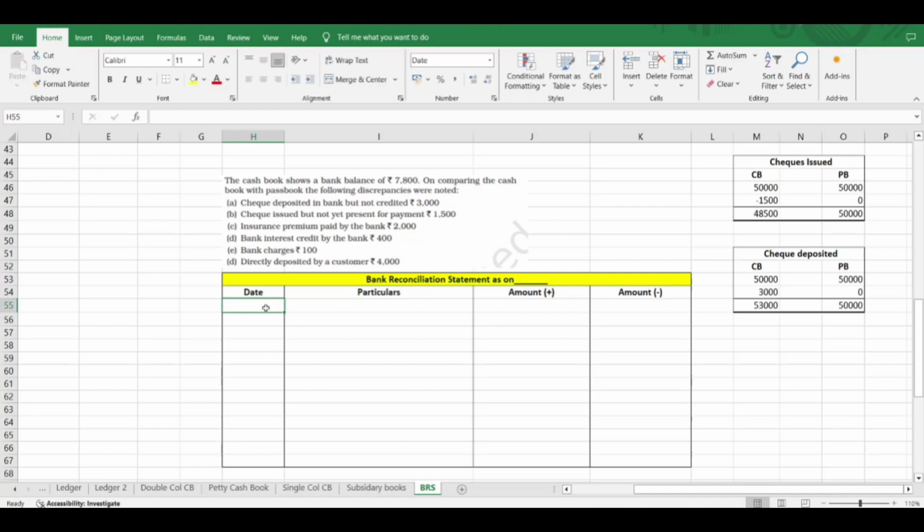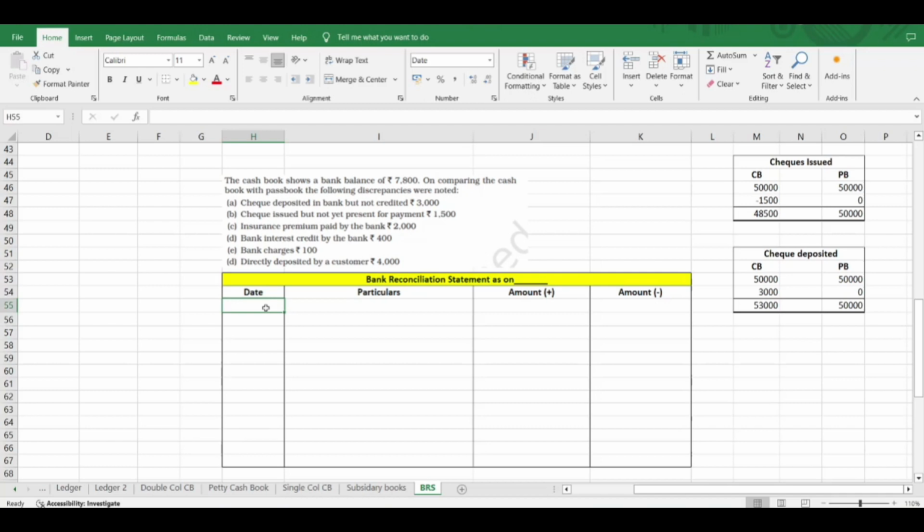If anything particular is mentioned, we will consider it as given in the question, whether debit or credit. If nothing is mentioned, we will consider it as a debit balance and record it in our plus column, that is, debit is plus for cash book.